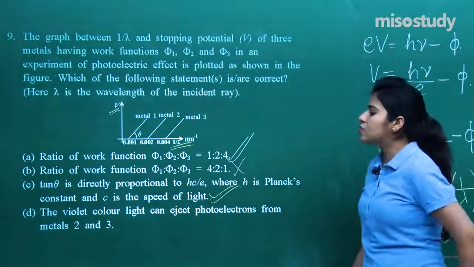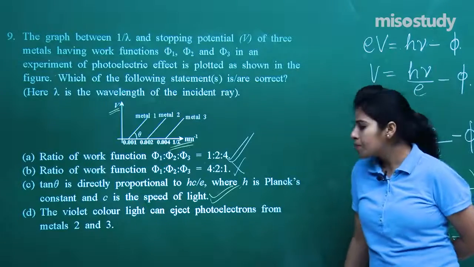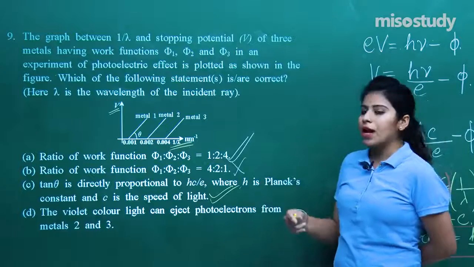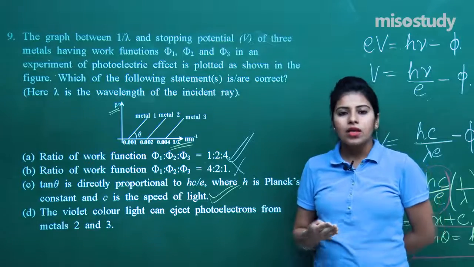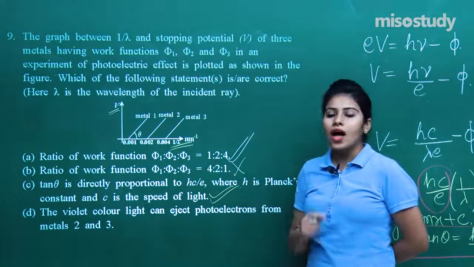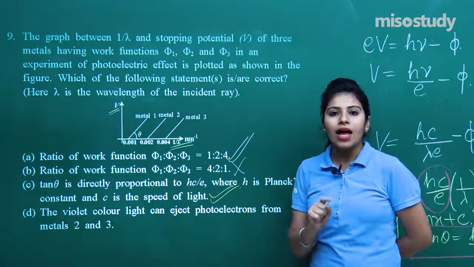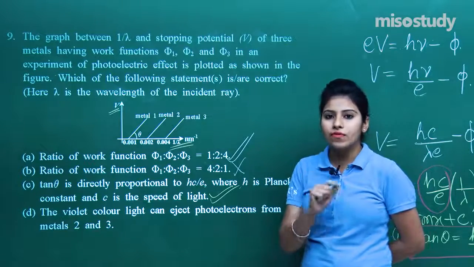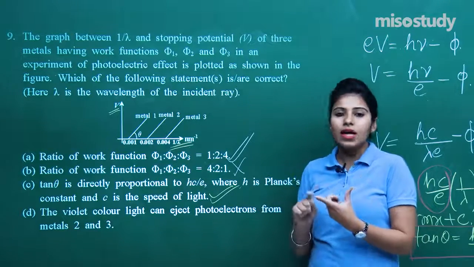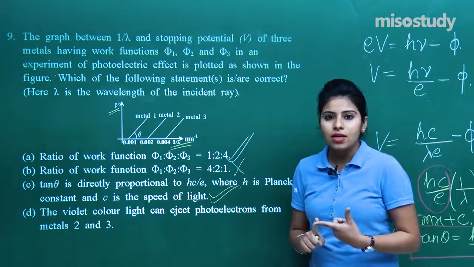Now let me verify option D. The violet color light can eject photoelectrons from metals 2 and 3. To begin with this option, I must tell you one thing: threshold wavelength. You would have heard one term, threshold frequency.